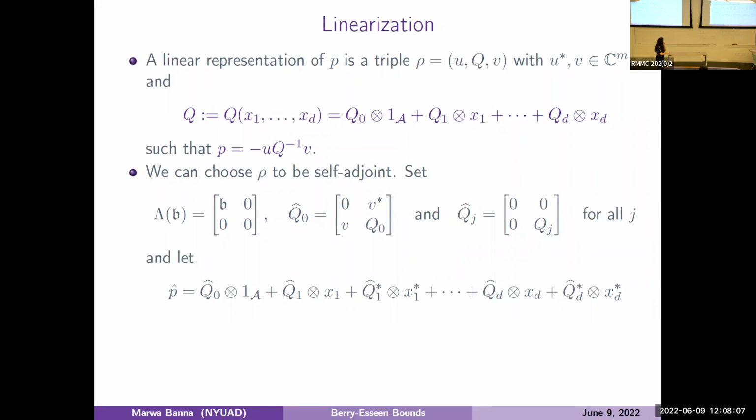We denote by delta of B the matrix having B on the 1,1 entry and 0 elsewhere, and Q hat 0 to be this matrix. And here we have the Q hat j's to have the Qj's here and 0 in the upper part. And then we construct P hat as this linear pencil in the Q hat.